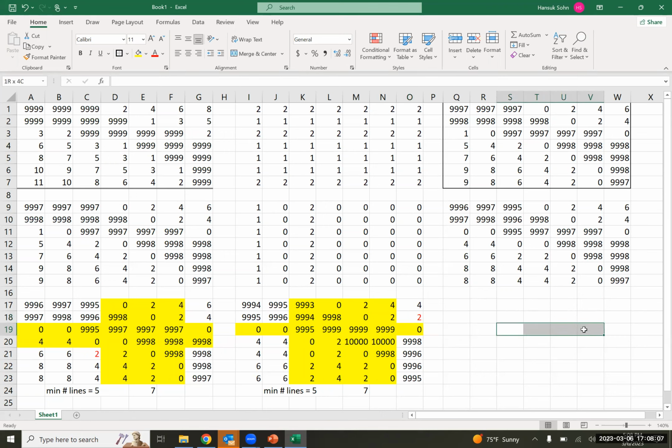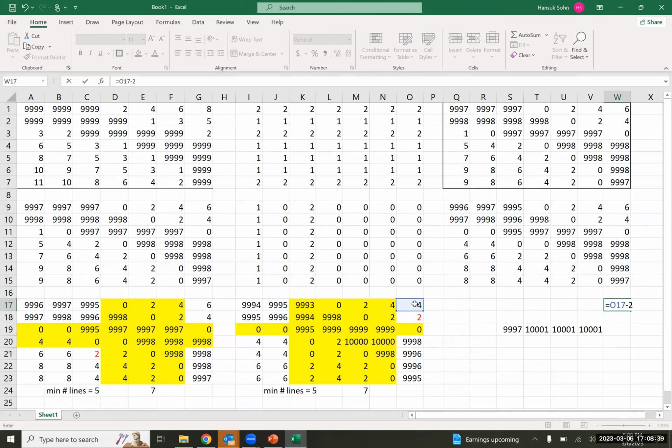So in this area, we're gonna add the value of 2, right? So this is gonna be original value plus 2. And we're gonna do the same thing, right? But we're gonna subtract the same amount in this area, right? So this is gonna be the original value minus the minimum uncovered cost of 2.